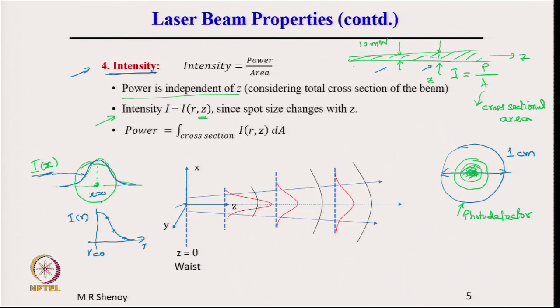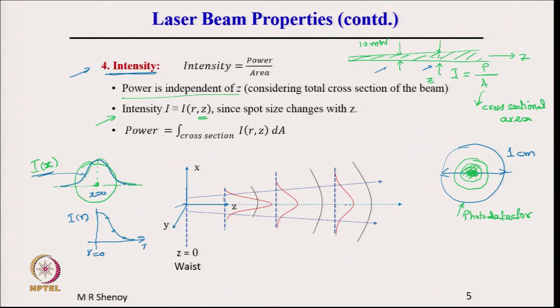We can see the same thing which is shown here, the Gaussian profile. The intensity is very high here because the beam diameter is small. As the beam propagates to a larger value of z, the beam spreads, the diameter of the beam is larger, but the power and the energy content are the same, and therefore the profile spreads.